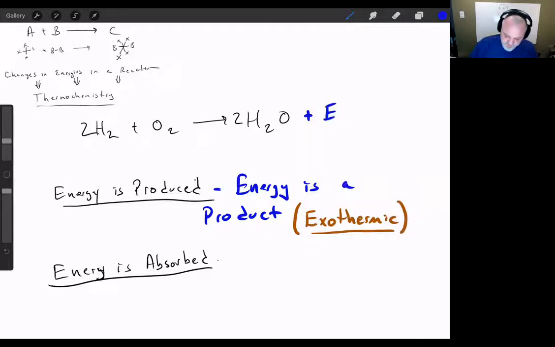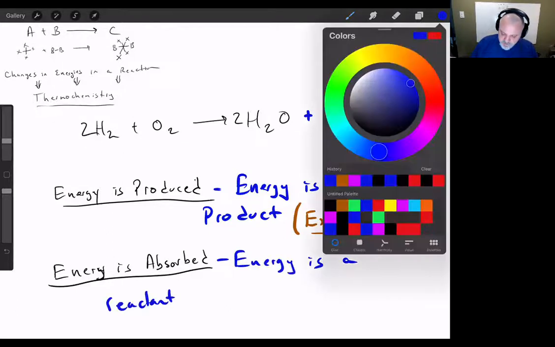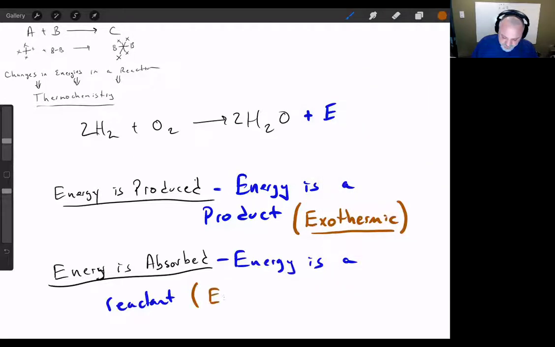If energy is absorbed, then energy is a reactant. And the vocabulary word we use to describe this is endothermic. All right, so endothermic means energy is absorbed in the course of the reaction. Exothermic means energy is produced during the course of the reaction. And you can think about energy as being a product or a reactant.